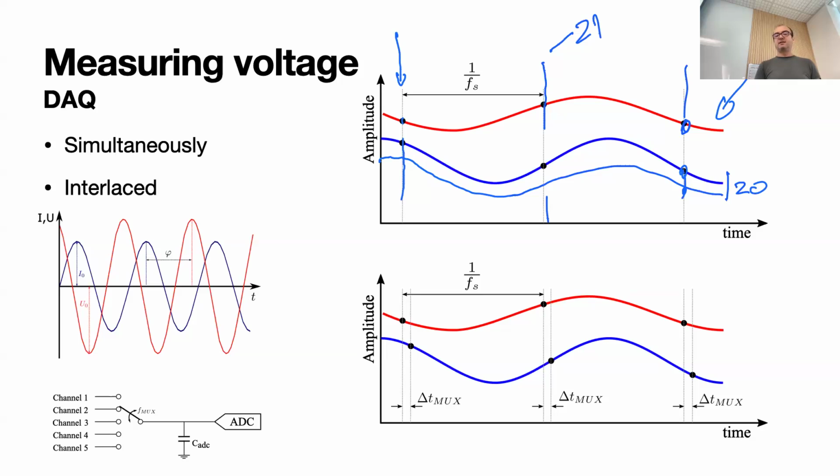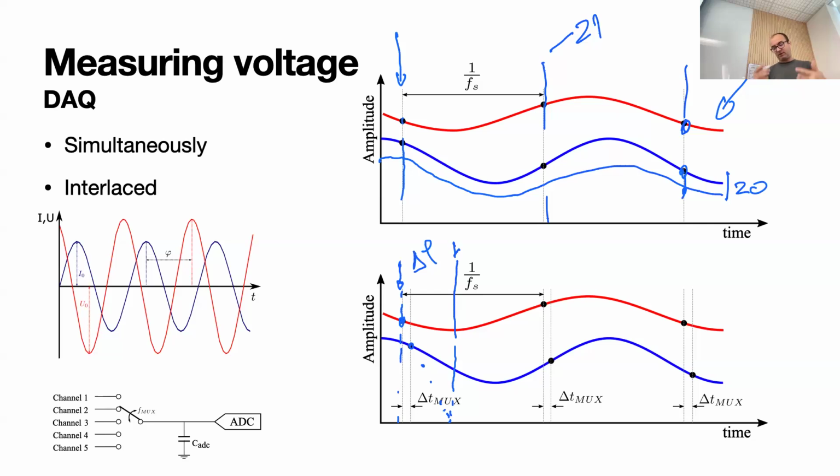In this case, the scenario that comes is called interlaced measurement, which means first we measure the first channel, then the second, then the third, then the fourth, and so on. So if we have 21 measurements like here, we measure the first signal at this time point and the last signal at this time point, and there is a phase difference because we were waiting.